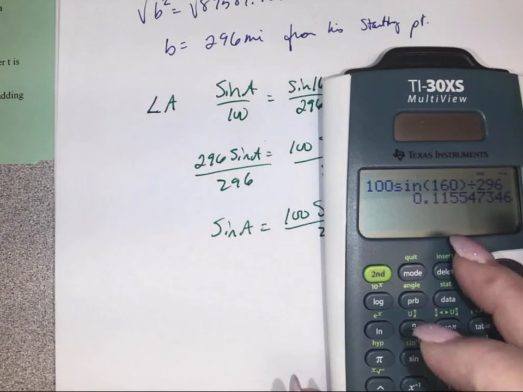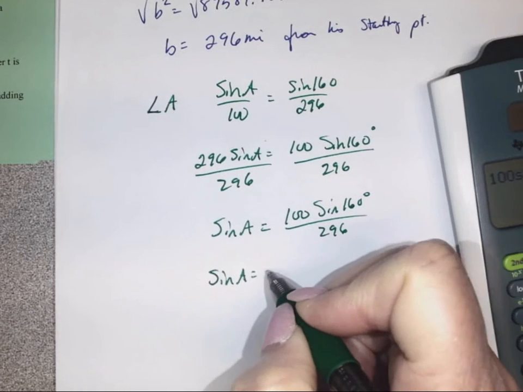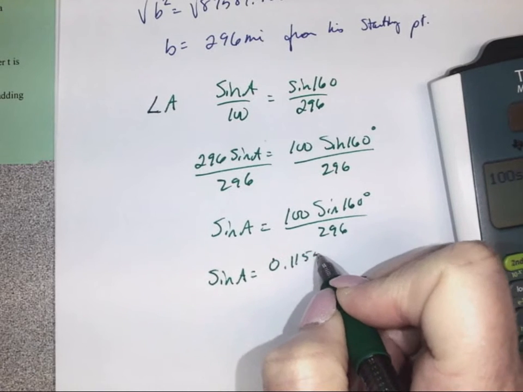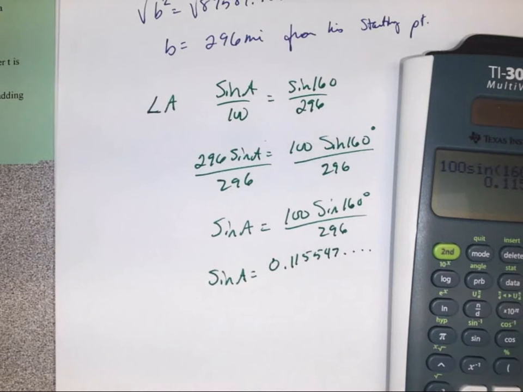All right, so here is our value. The sine of A is equal to 0.115547... I'm not going to write all of that out.